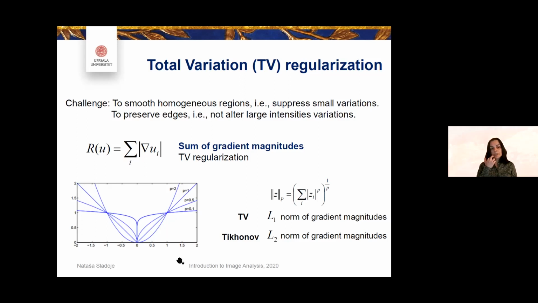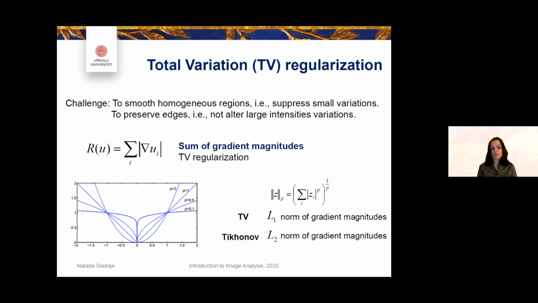If I put that in the context of my optimization, that means that my Tikhonov regularization, which corresponds to the L2 norm, by squaring big values, will act much more on them and will suppress much more the high gradient variations, high gradient values, in order to reach the objective, while it will not act so much in the small regions. Because of squaring small gradient values, they will become even smaller anyway, and my optimization will not have to work much on them.